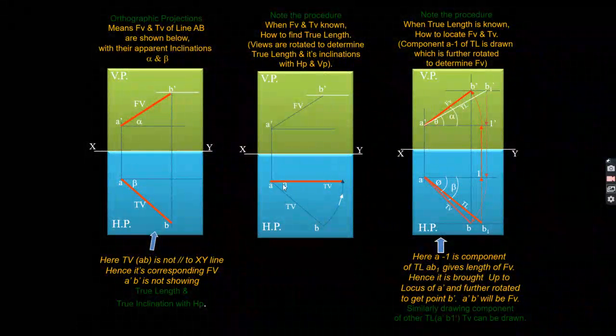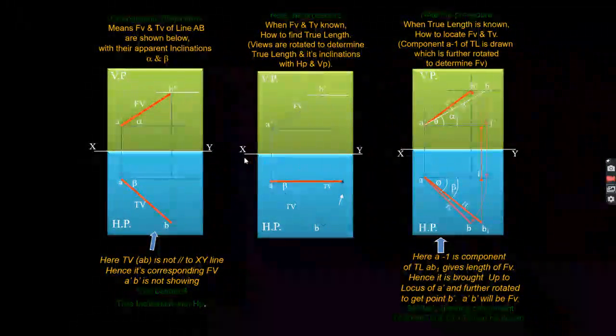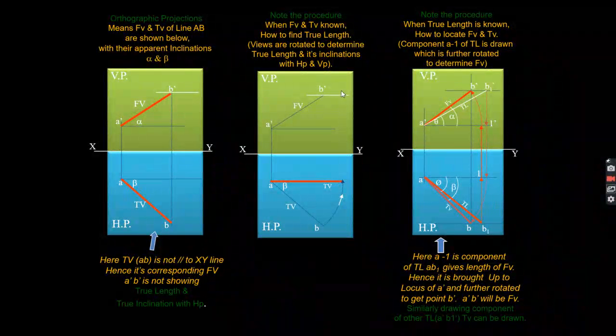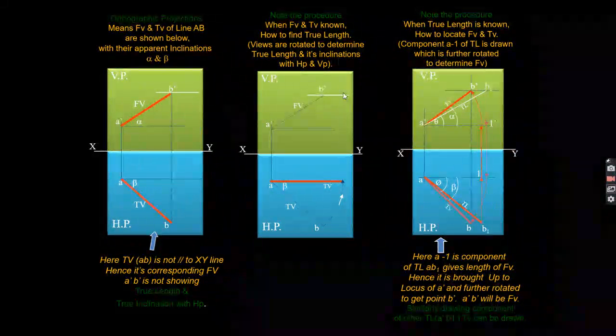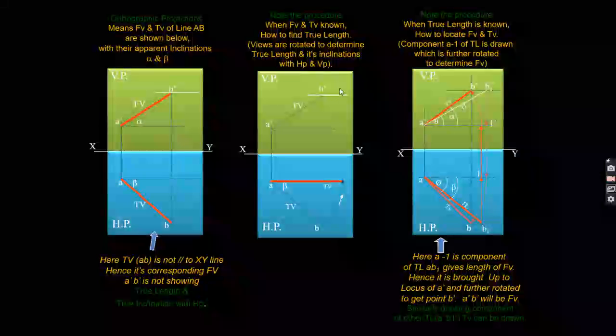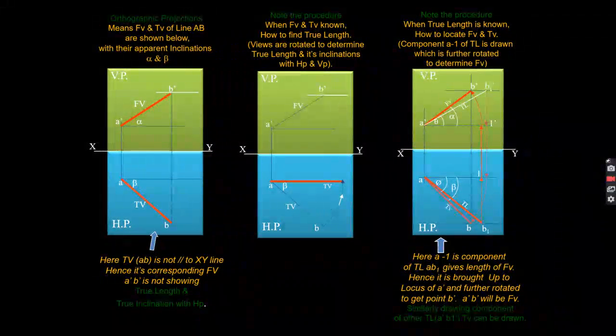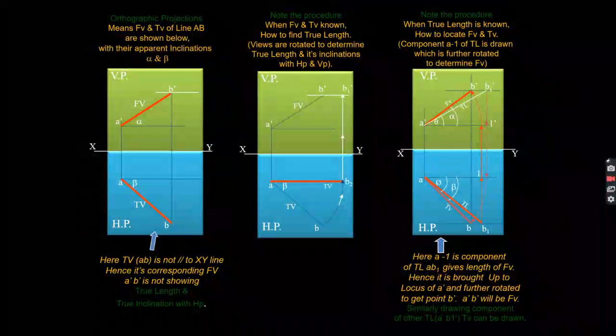Okay, so if the line is parallel to the XY line, and I will project this line to this horizontal line, then I will get the projection of a line when it is inclined to the only horizontal plane.